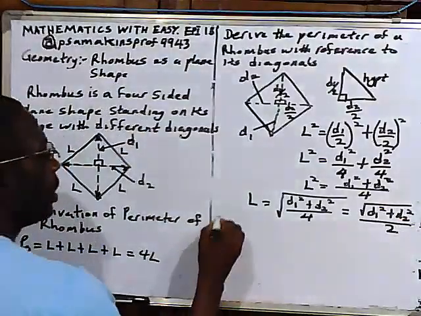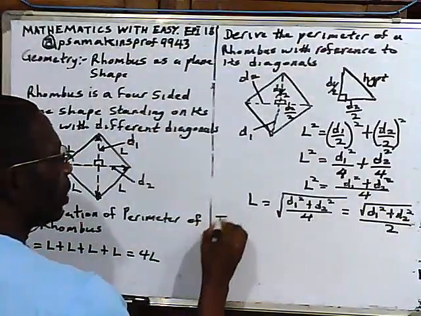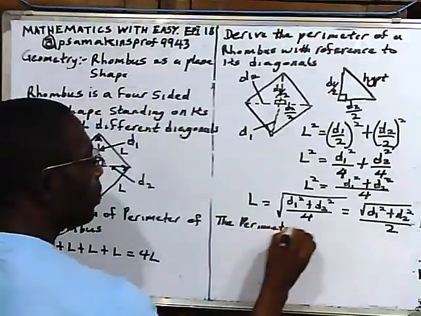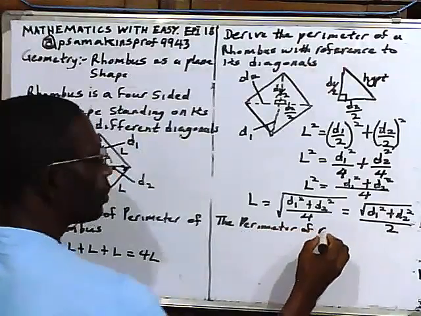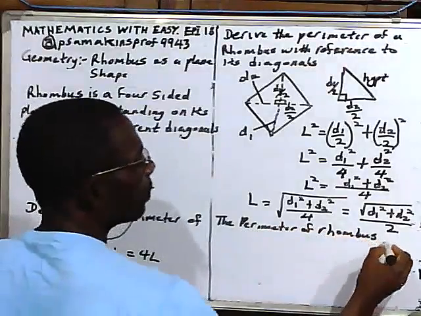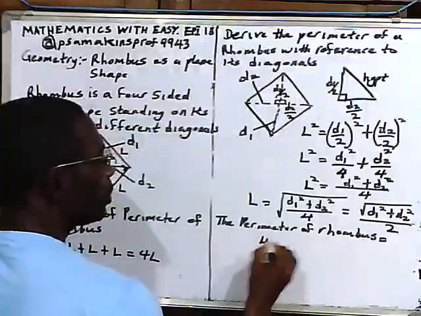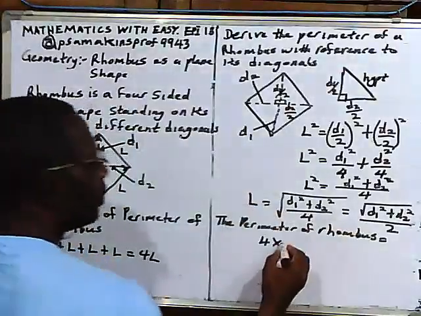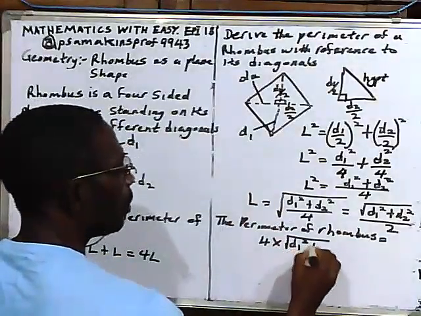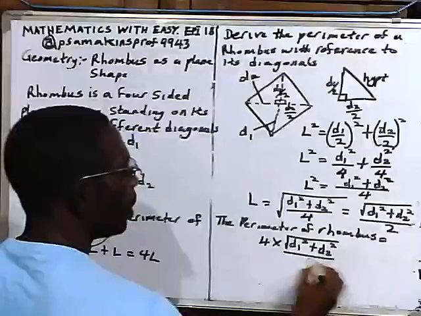Now the perimeter of a rhombus in terms of the diagonals will be equal to 4 times your L. Now substitute the square root of D1 square plus D2 square all over 2.